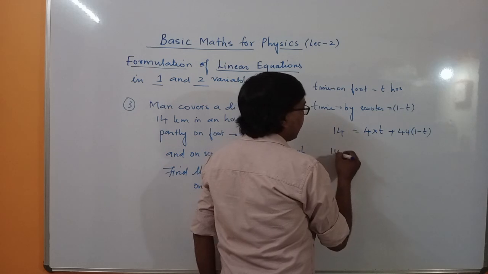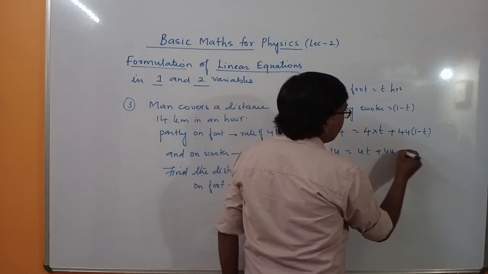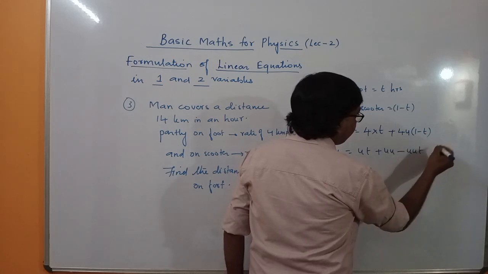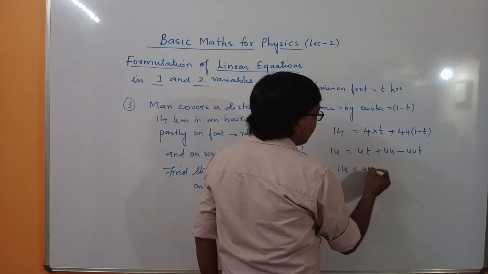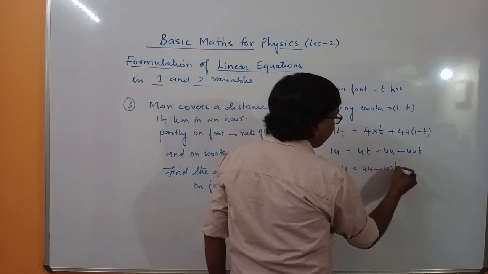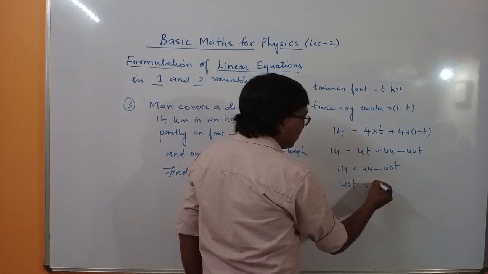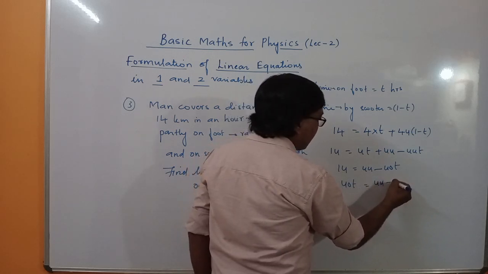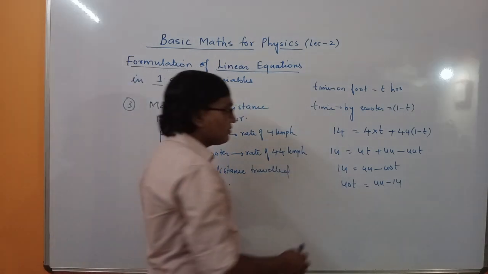So then 14 is equal to 4T plus 44 minus 44T. Fine. So 14 is equal to 44 minus 40T. Then we have 40T equals 44 minus 14.